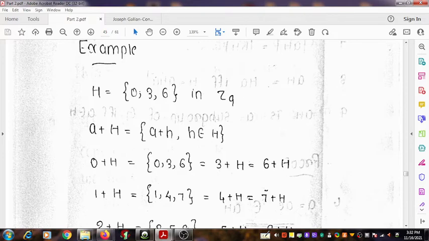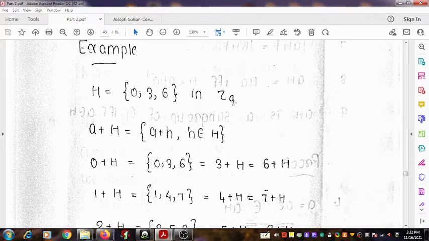0 is the identity element in that case, because with respect to addition, here addition is the operation, and this is not the ordinary addition. This addition together with taking modulo 9 is considered as the operation.